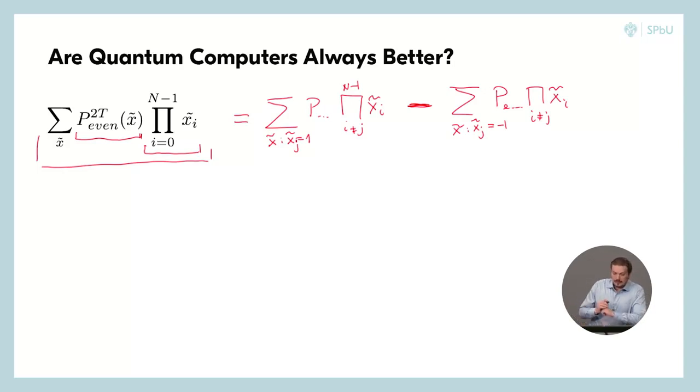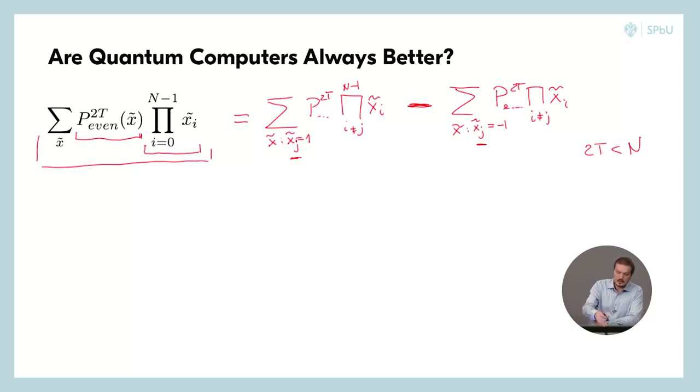And let's look at this sum. So the polynomials here are of the power 2t, which is less than n. So for any monomial in these polynomials, we can choose this index j such that it is not contained in these monomials.